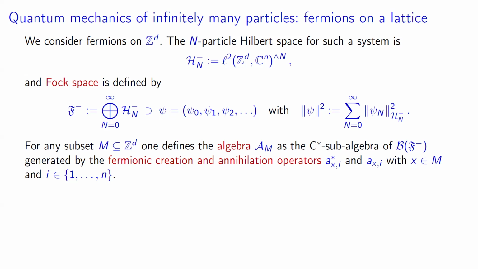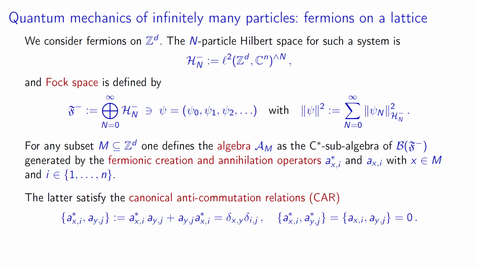What we define now are the observable algebras A_M, where M is a subset of Z^d. Then we denote by A_M the bounded operators in Fock space that are generated by the annihilation operators and creation operators for points within the set M. I think I don't have to explain it, and if I have to explain it, I will not do it properly.